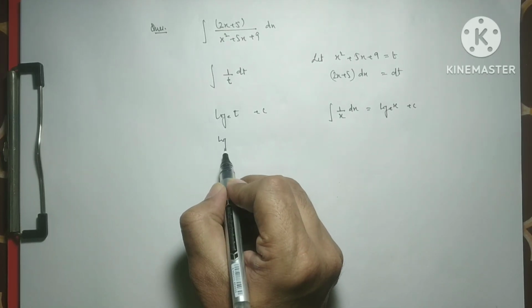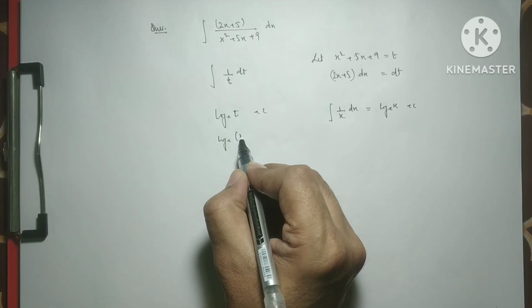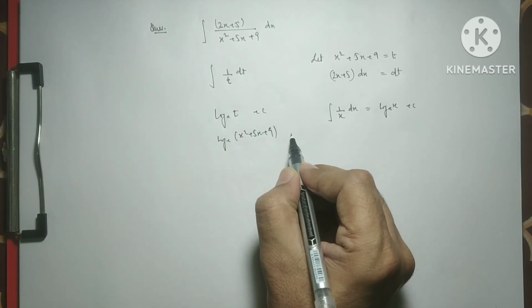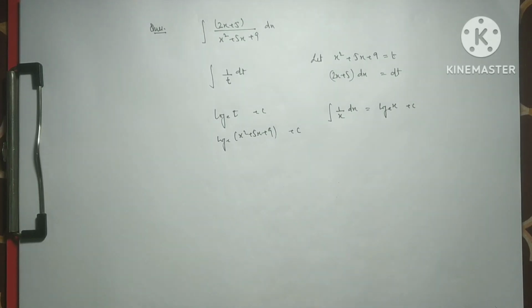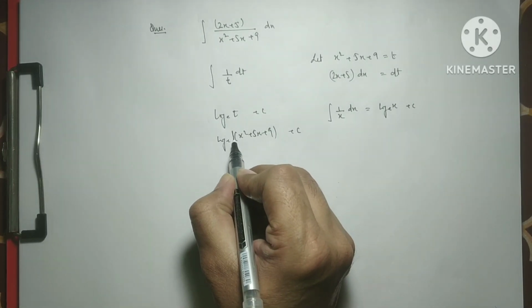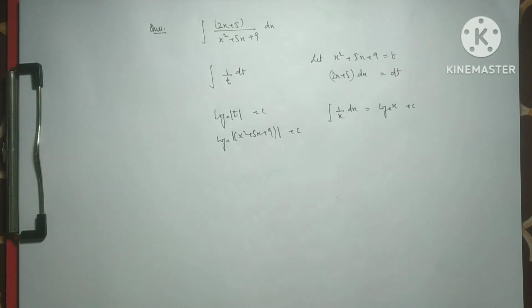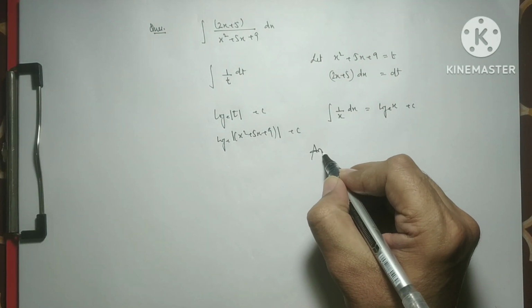So it is log of x square plus 5x plus 9, and this should be a positive value, that's why we will take it in mod function. This is the answer.